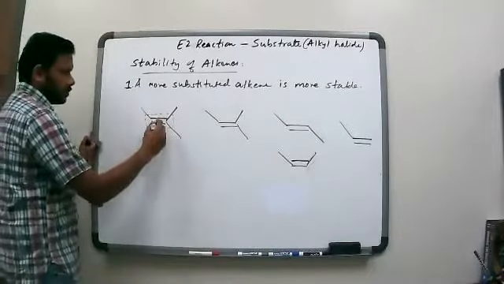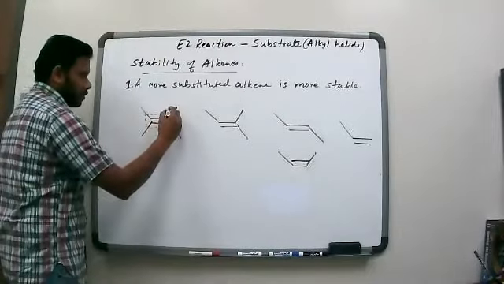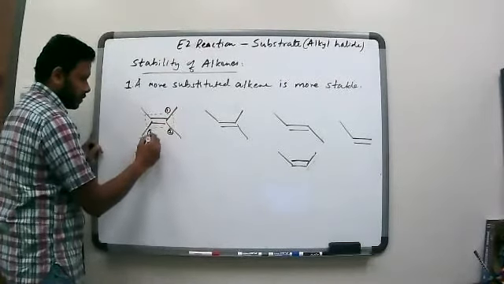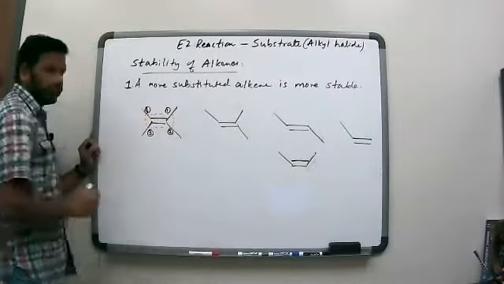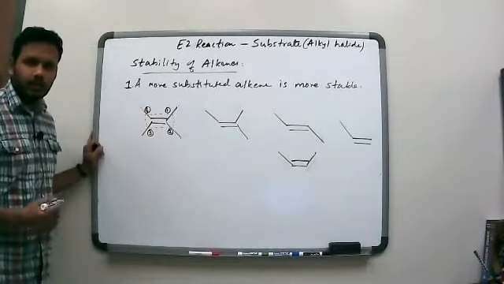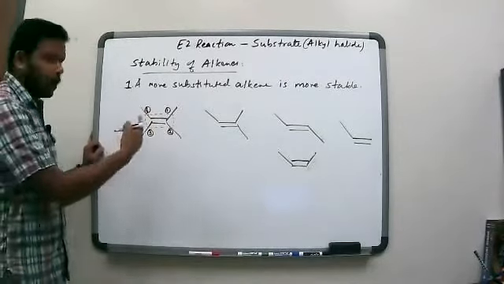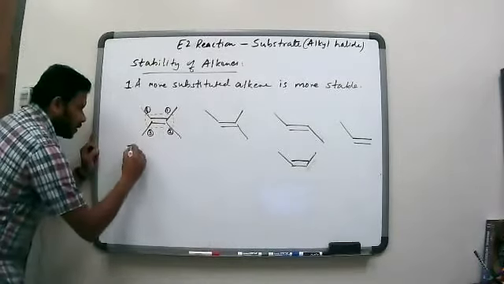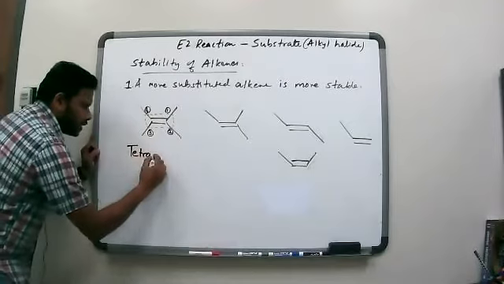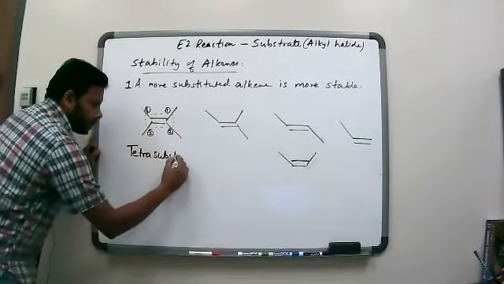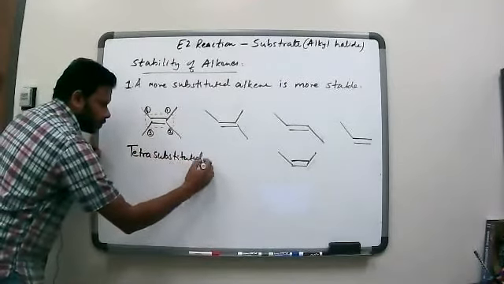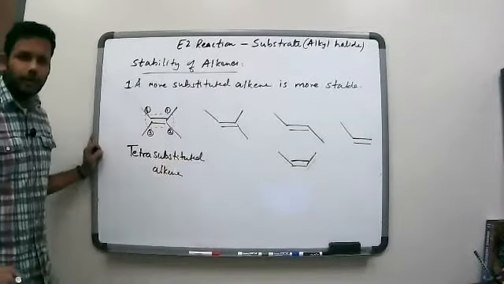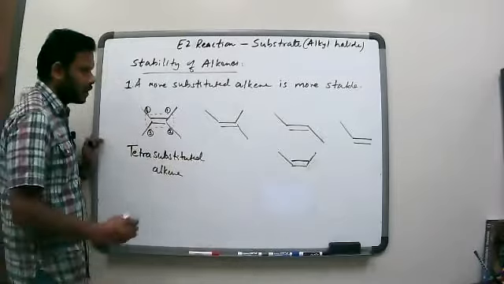So when I look at these double bonded carbon atoms, you can see there is one substituent, a second substituent, a third substituent, and a fourth substituent. So there are 4 substituents on this double bond. So we'll call this a tetrasubstituted alkene. Okay, this is a tetrasubstituted alkene.